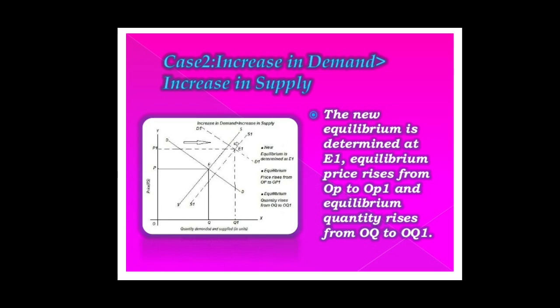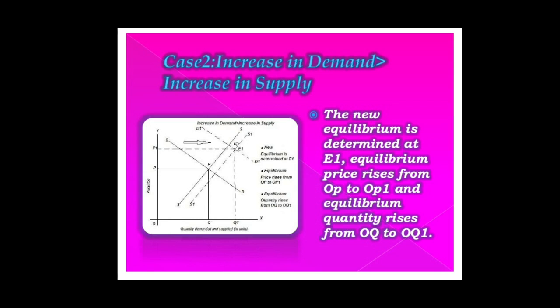As we can see here, the rightward shift in demand curve from DD to D1 is proportionately greater than the rightward shift in supply curve from SS to S1.